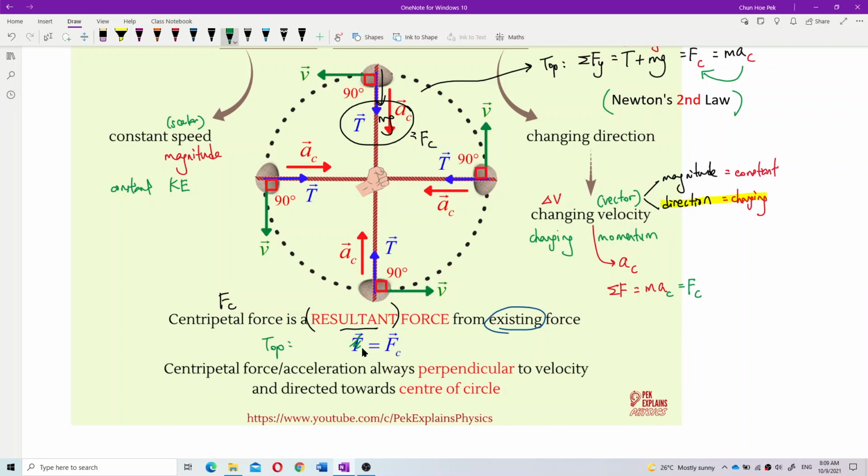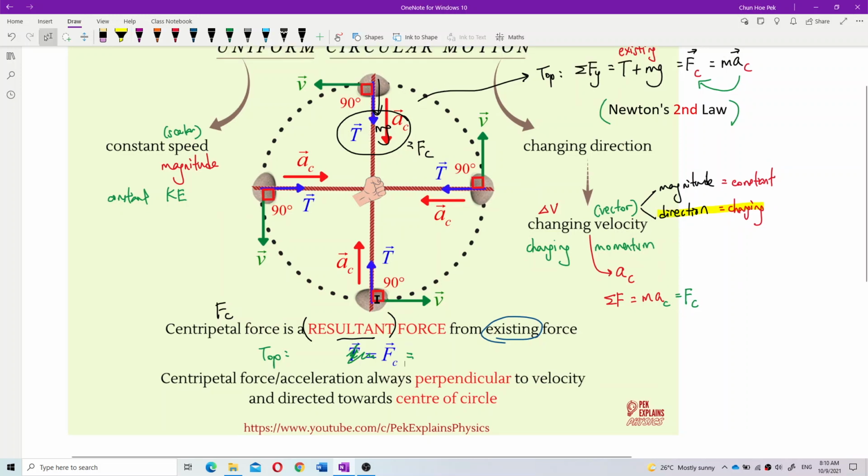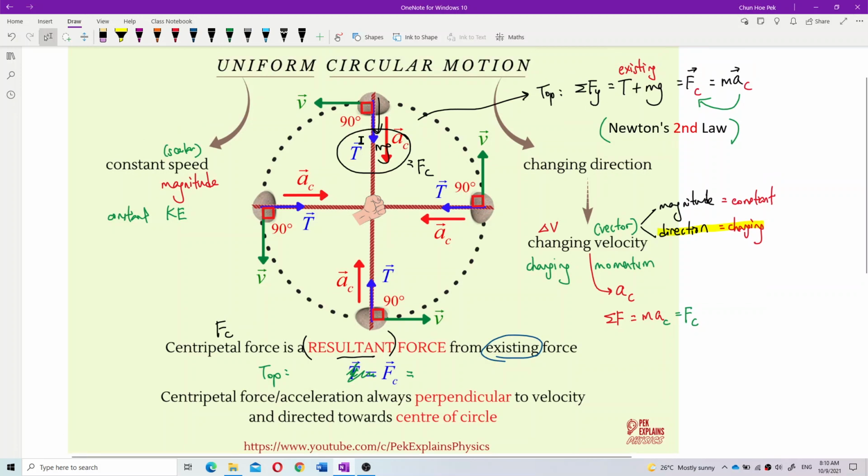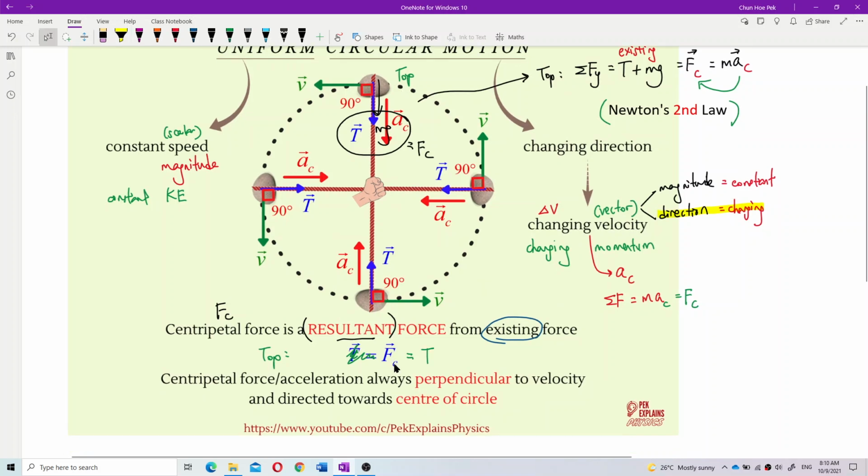I'm talking only about the top position, because at the bottom the resultant force becomes different. At the top, the centripetal force is the tension plus the weight.